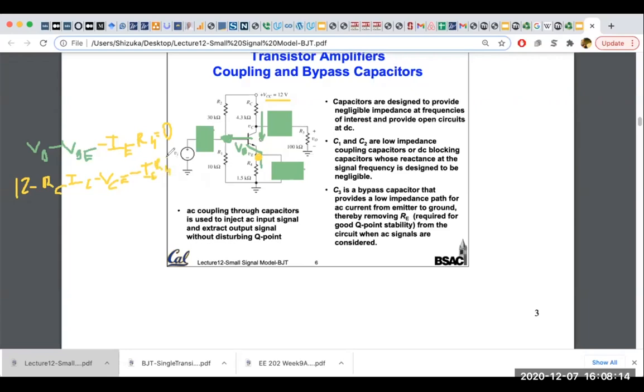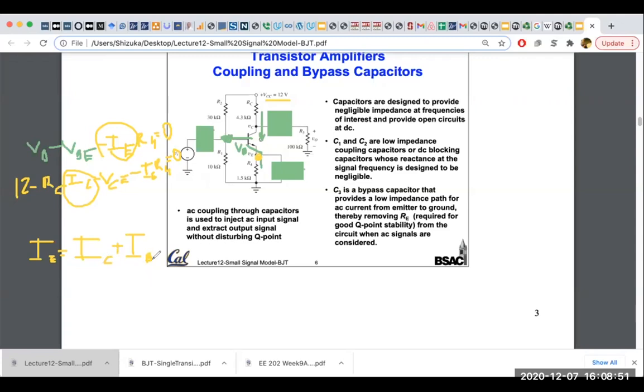So we basically have two DC equations that will help you find the currents of the transistor. If you find IE or IC, they are related to each other with beta. So as you remember, IE will be IC plus I base, I'm sorry, not I beta.